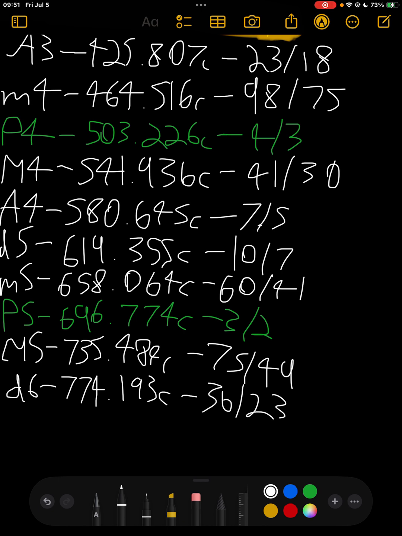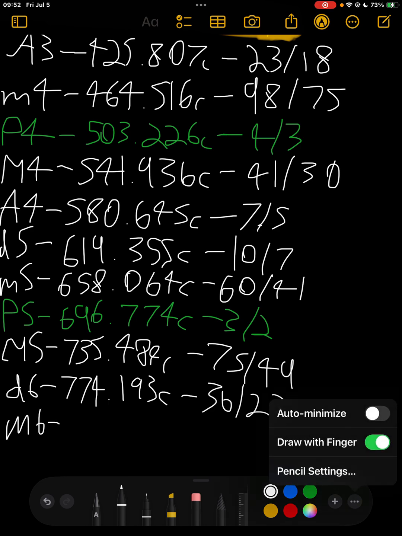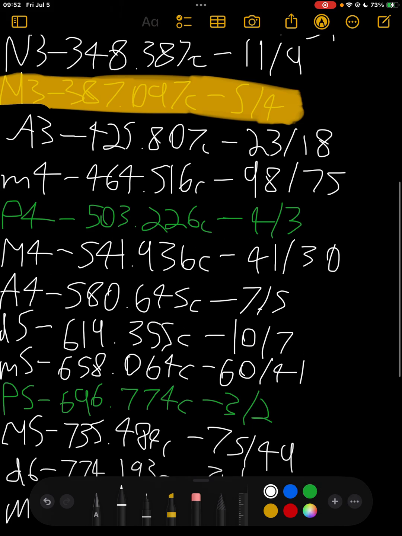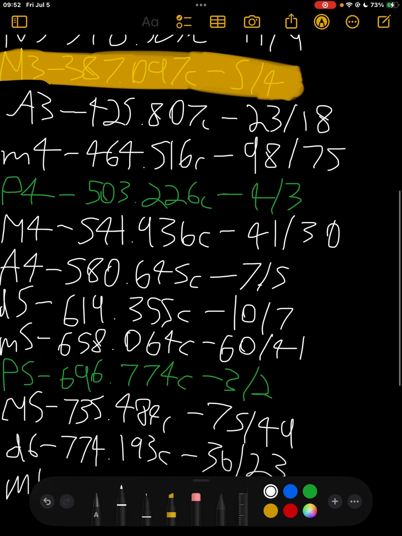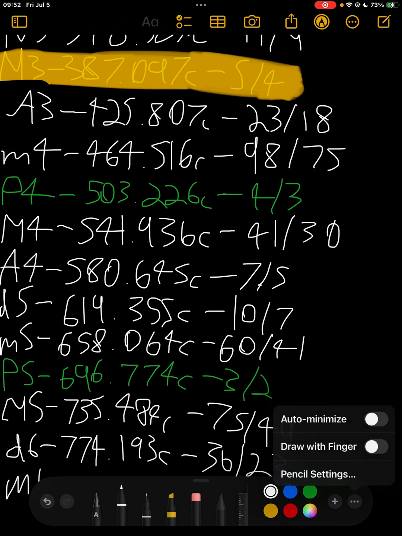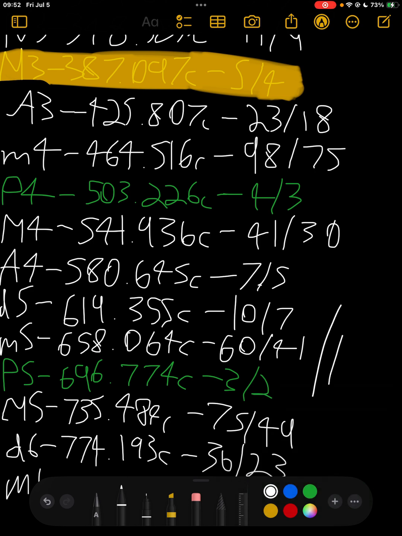Then after that you're going to have the minor sixth, which after all is the inversion of the major third, with 812.903 cents. Forgot that.